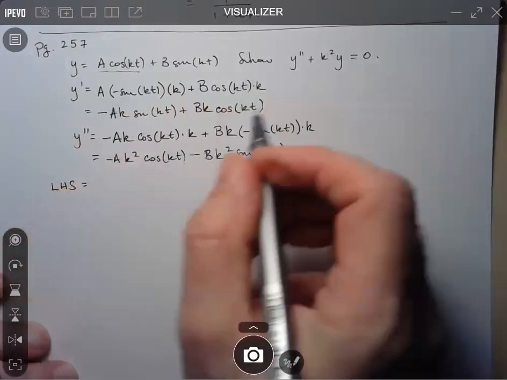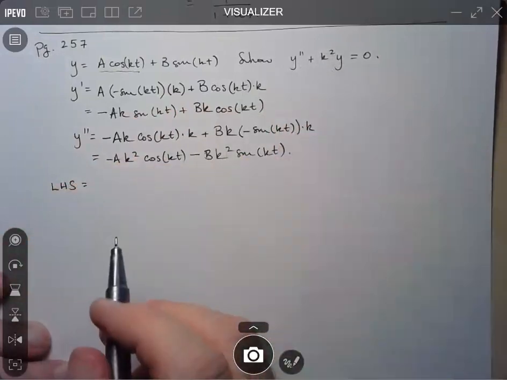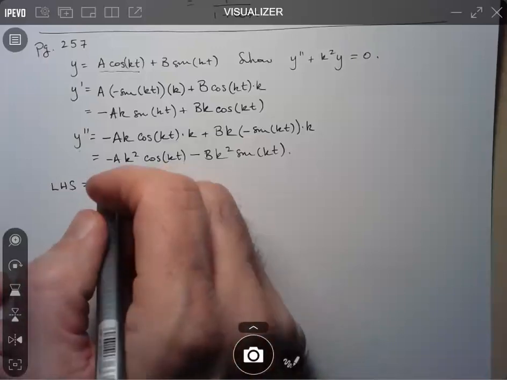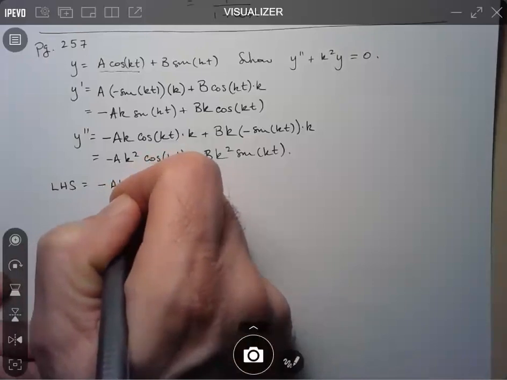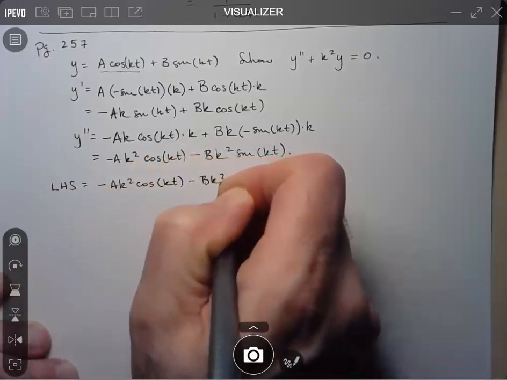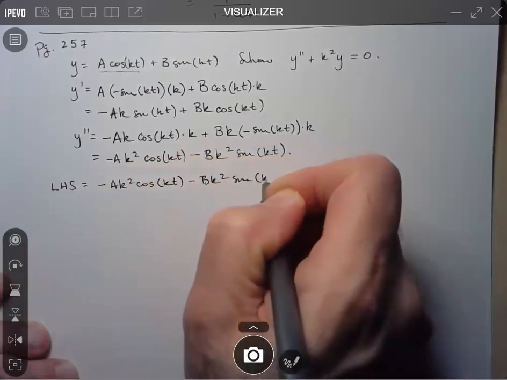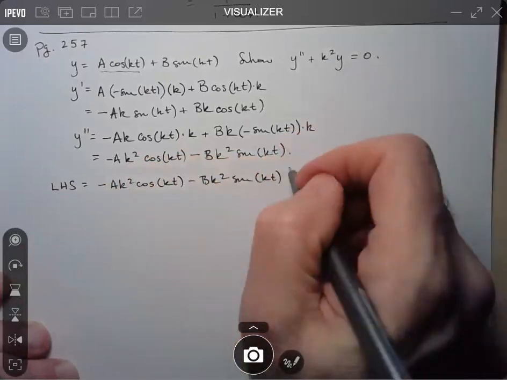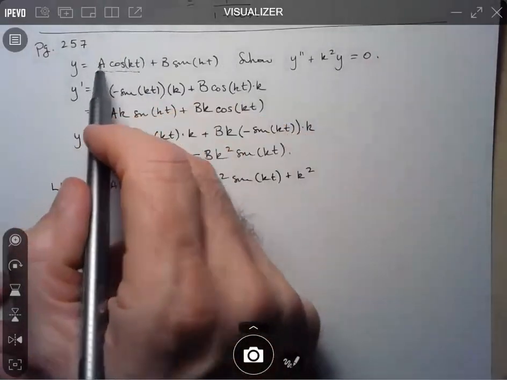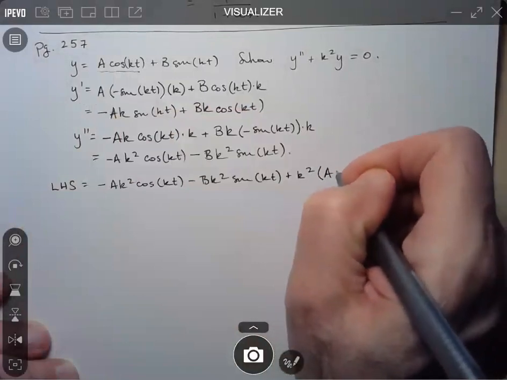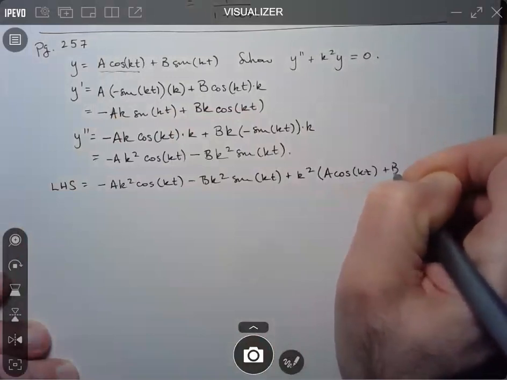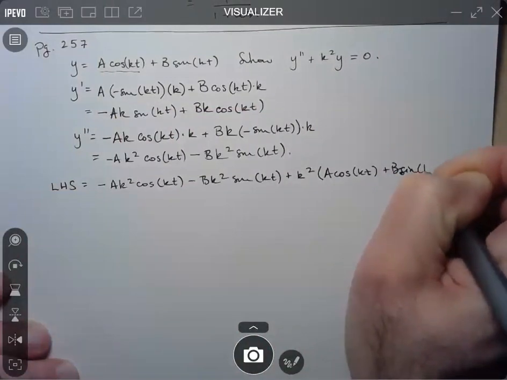So I'm going to start with, clearly, the left-hand side, since it has more opportunities for algebra. And I've got my second derivative, which is negative a k squared cos kt minus b k squared times sine kt. And here plus k squared times the function y, which is of course that thing up there, a cos kt plus b sine kt.